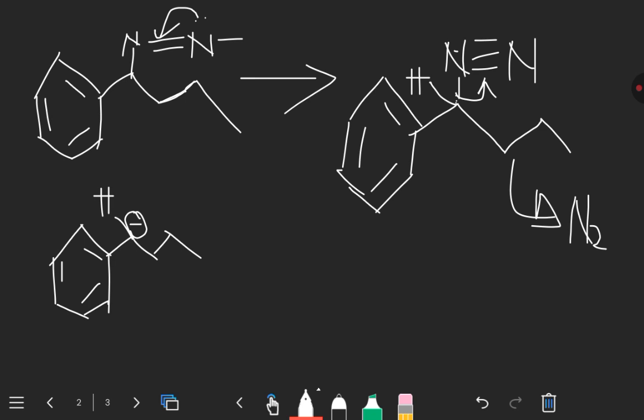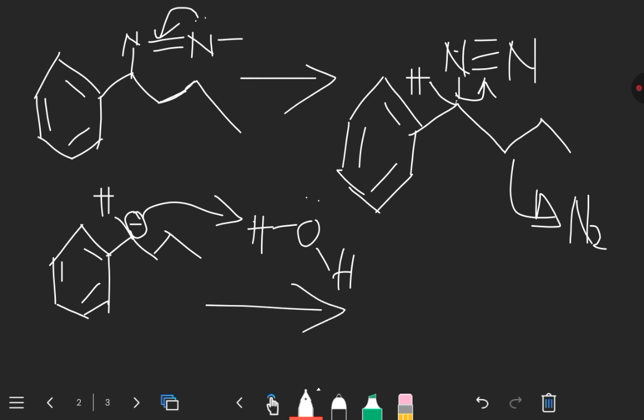Then the next thing we are going to do here is just the protonation. So we'll get our water and protonate this carbanion. So this carbanion will attract a hydrogen.